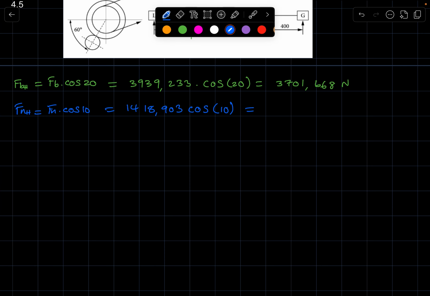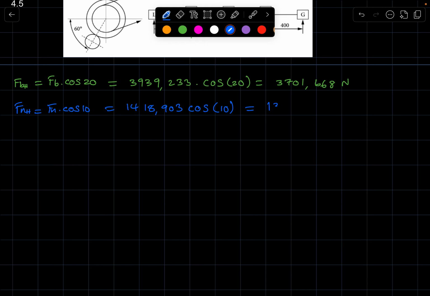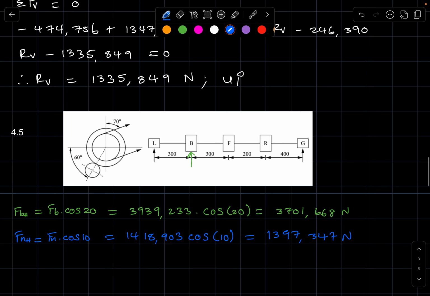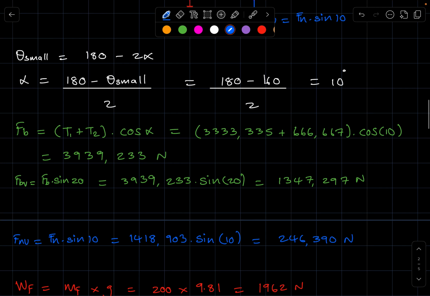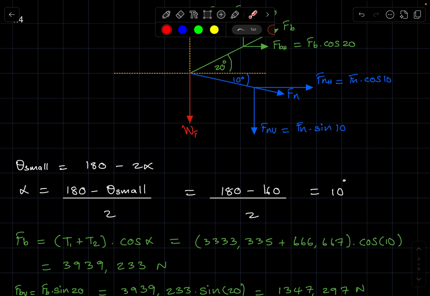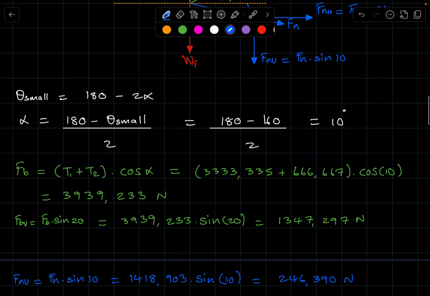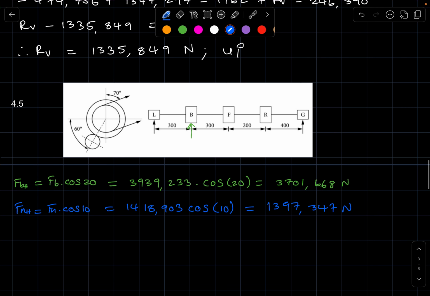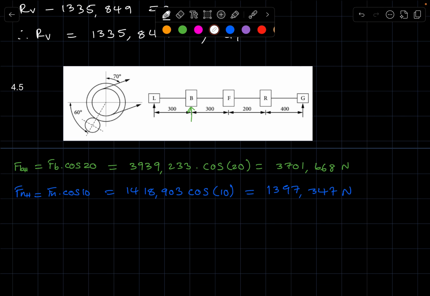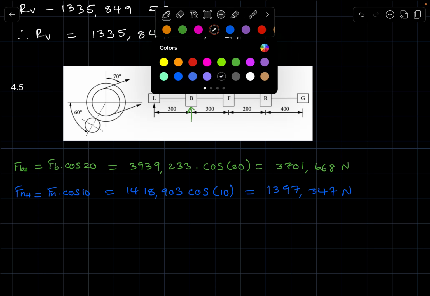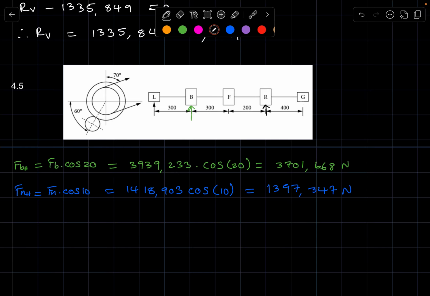Punching this in our calculators, we should get 1397,347 newtons. Right, now remember that the horizontal component is headed to the right, which is a positive direction. Remember that this we do not have. This was a typo. This is actually supposed to be right there.